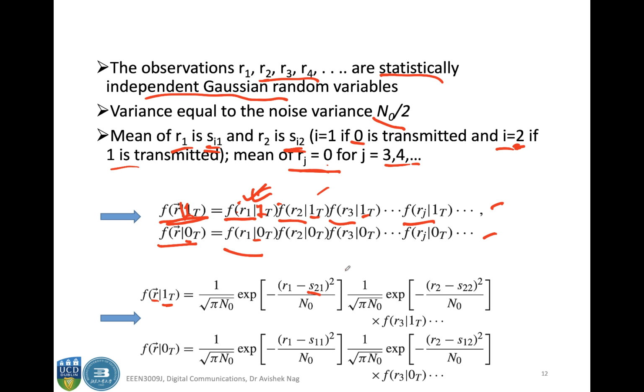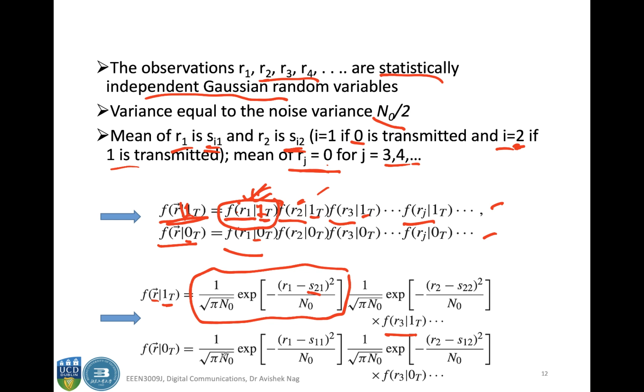So this is the Gaussian distribution for the first term, and the first term has R1, and R1's mean is SI1, and since I is 2 because 1 was transmitted, I write S21. Okay. Similarly, for this term R2, we have R2 minus S22, and for the remaining we have not written anything, but just kept this the same.